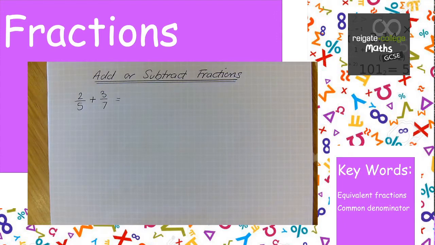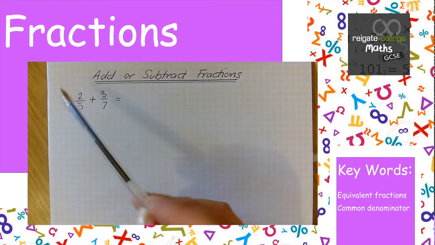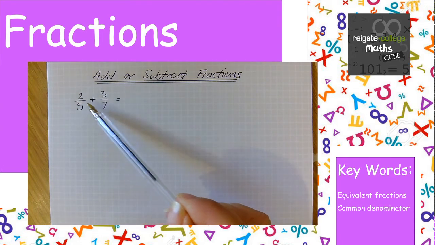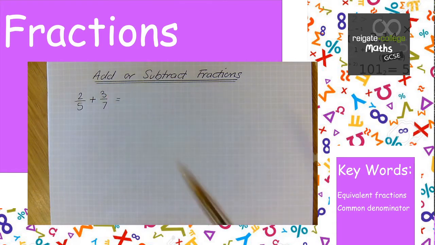To add or subtract fractions, you always need a common denominator. And here you can see if I wanted to add 2/5 to 3/7, as it stands at the moment, I couldn't do that. I have got to make equivalent fractions with a common denominator in order to be able to add them.